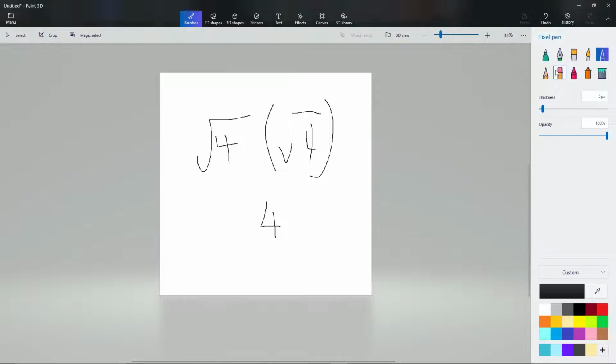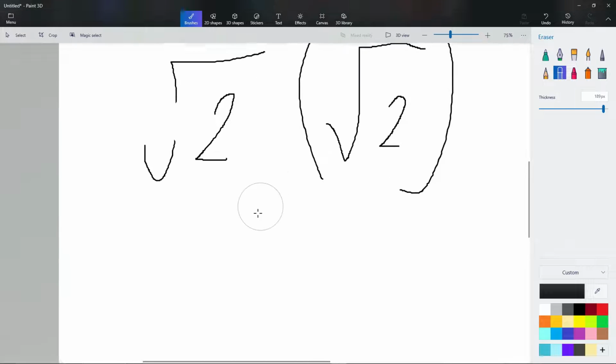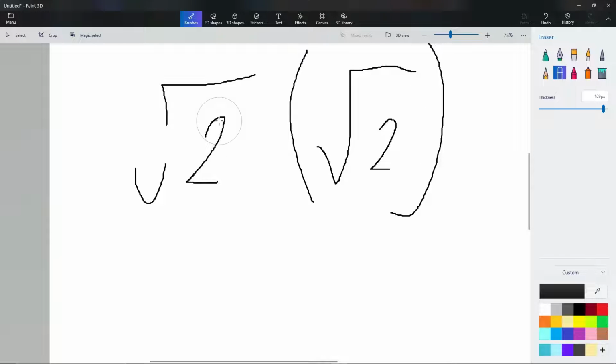So when you have numbers like this, square root of 2 and square root of 2, believe it or not, the answer will be 2. Even though it has a very weird result when you plug them in. It is in my opinion that if you have these numbers, you should keep them in this square root form, also known as the radical form.